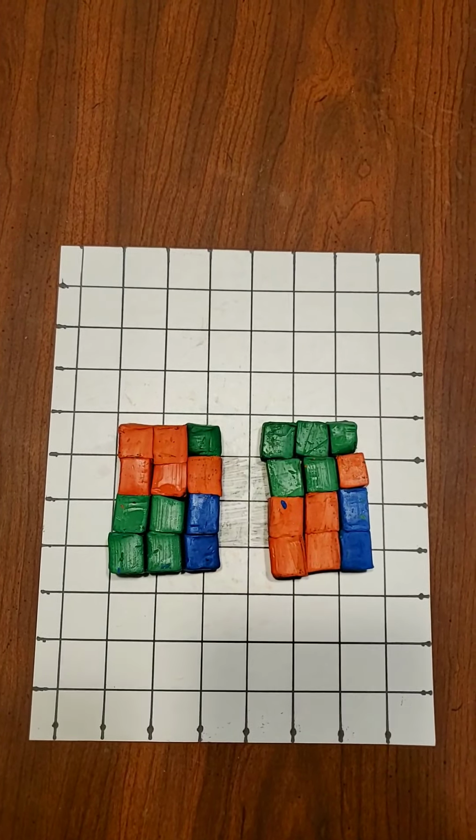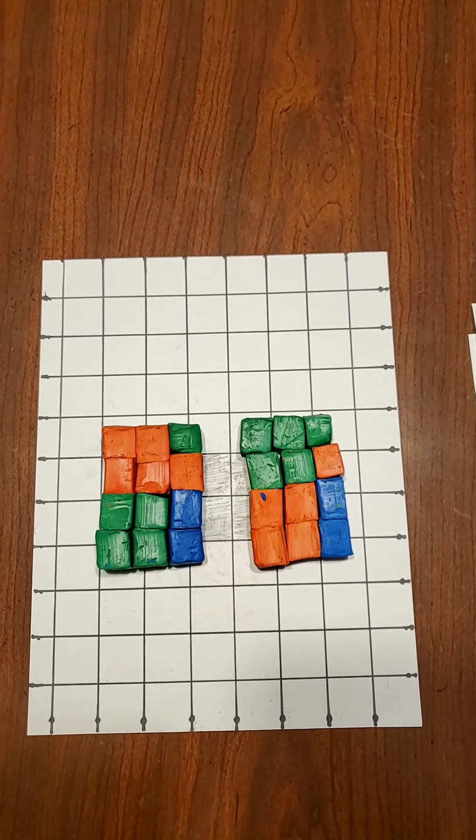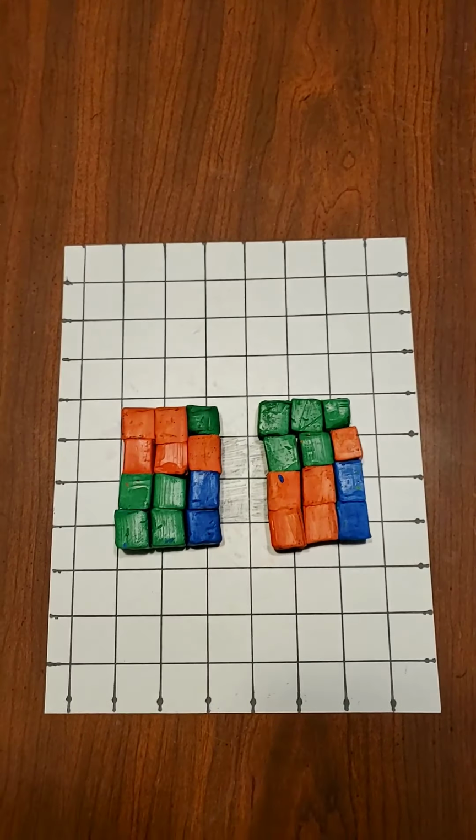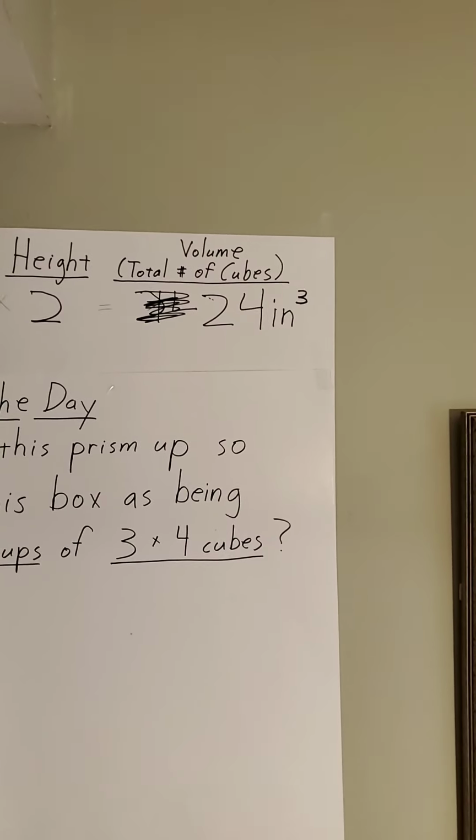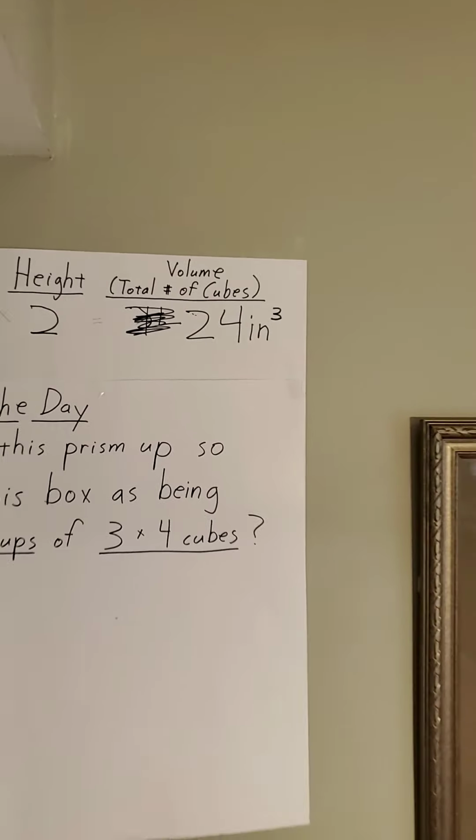Now what I want to do is write an equation to represent what I just made here. And let's see, after I write my equation, will I still get the same volume? Once again, the volume of our rectangular prism was 24 cubic inches.